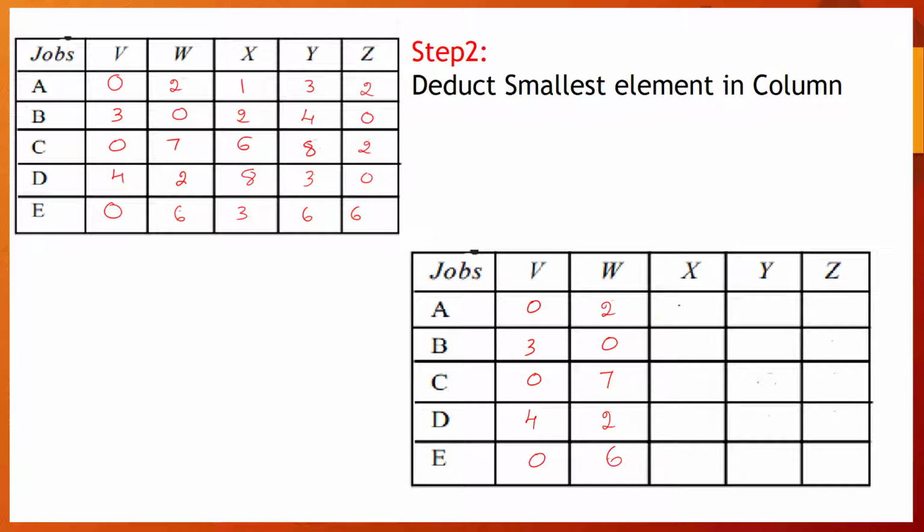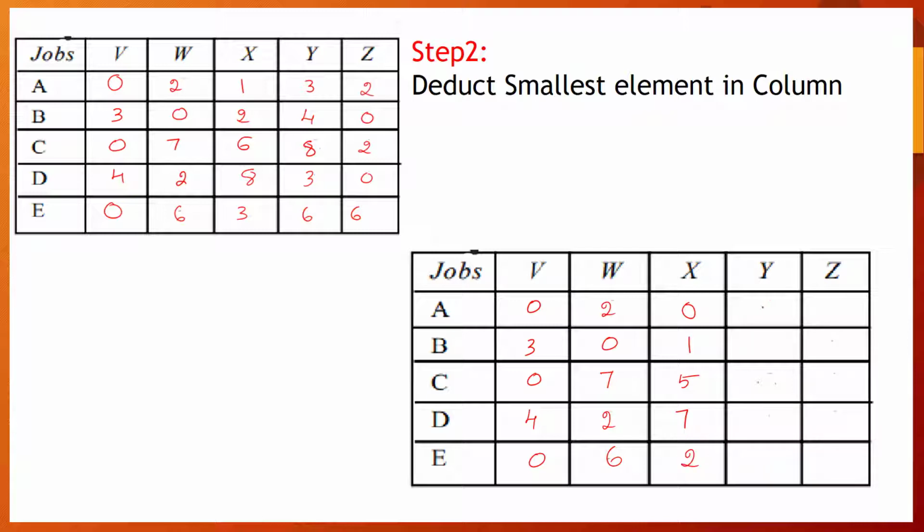In the third we have 1 as the least, so we need to reduce that 1 from all of the column. So 0, 1, 5, and then we have 8 minus 1, 7, 3 minus 1, 2.